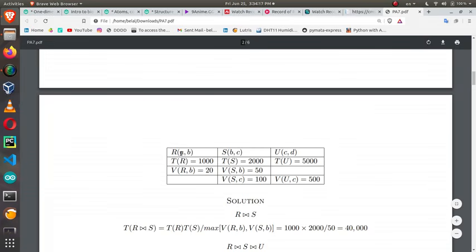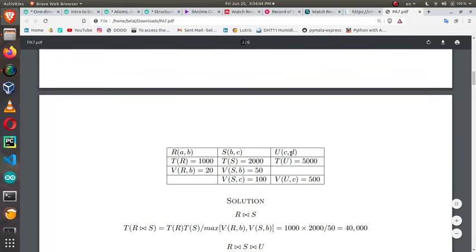Relation R has 2 attributes, A and B. The number of tuples in relation R is 1000, and the number of distinct values in relation R for attribute B equals 20. Relation S has columns or attributes B and C. The number of tuples in S is 2000. The number of distinct values for attributes B and C equals 50 and 100.